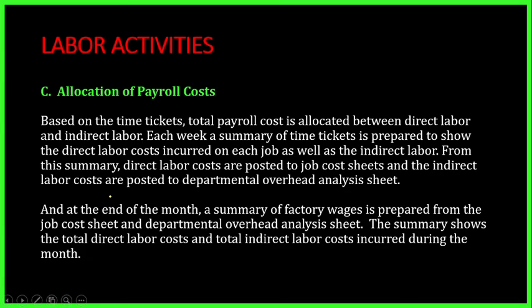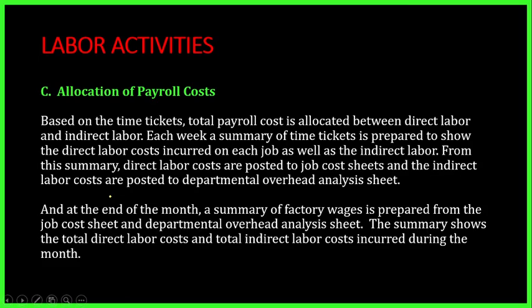Anyway, from this summary, direct labor costs are posted to job cost sheets, and the indirect labor costs are posted to department overhead analysis sheets. Okay. Now, at the end of the month, a summary of factory wages is prepared from the job cost sheet and departmental overhead analysis sheet. The summary shows the total direct labor cost and total indirect labor cost incurred during the month.